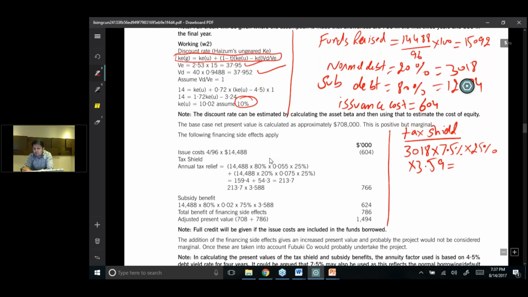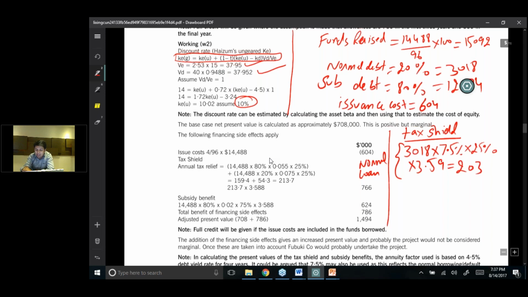So that is the tax shield of the normal loan, equal to 203.